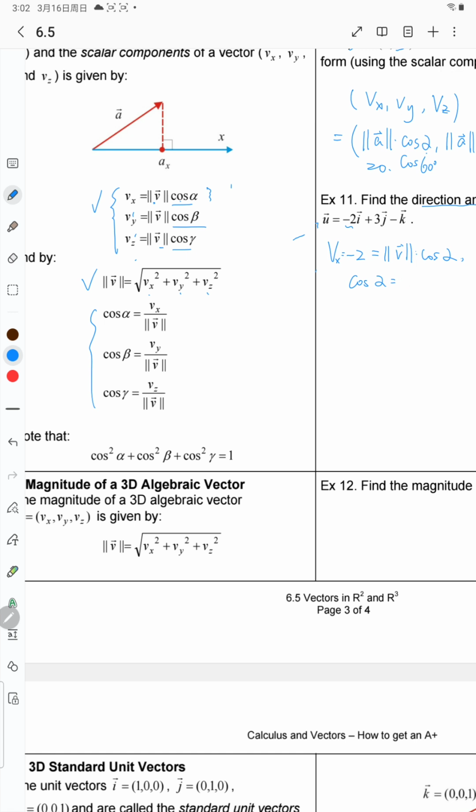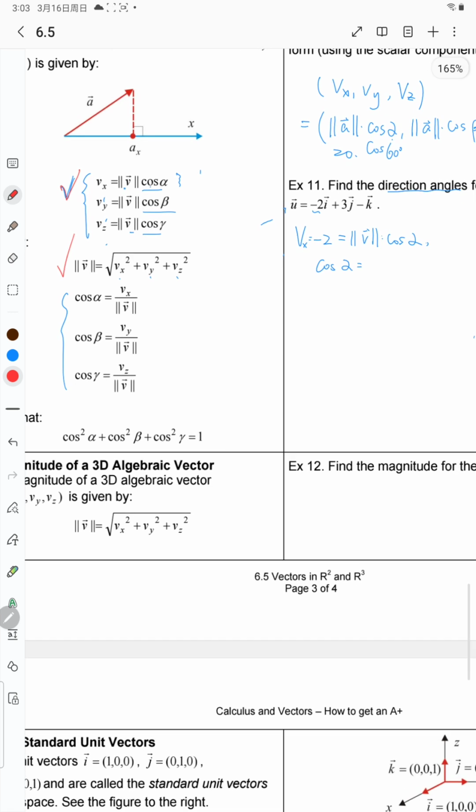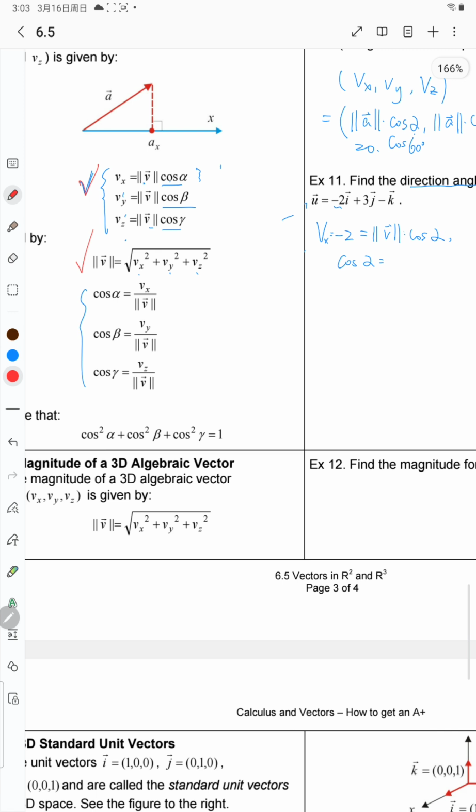If you remember this, you can just divide by the norm of v on the other side. So cosine alpha will just be -2 over the norm of v.